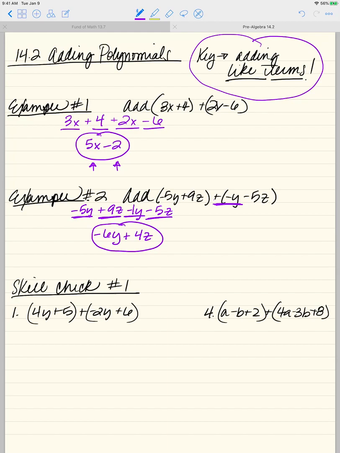Skill check number 1, drop the parentheses, 4y plus 5 plus negative 2y, that's the same as subtracting 2y, plus 6. 4y minus 2y gives me positive 2y, 5 plus 6. 2y plus 11, that's as simple as we can make that one. a minus b plus 2 plus 4a minus 3b plus 8. a plus 4a, there's a 1 there, so that's 5a.